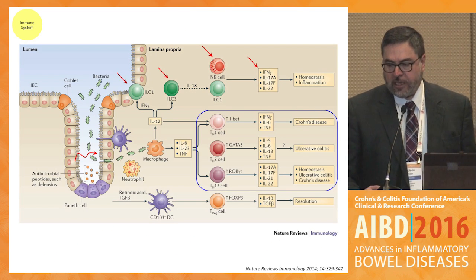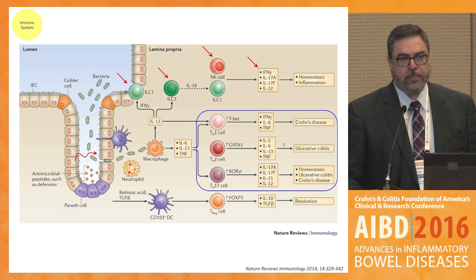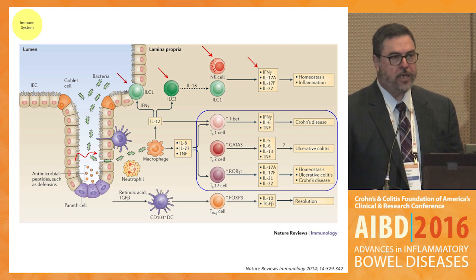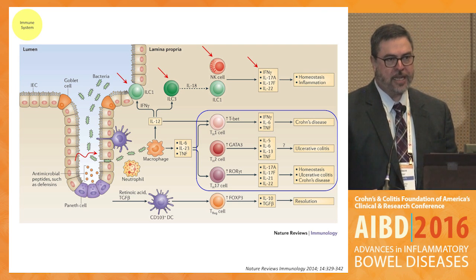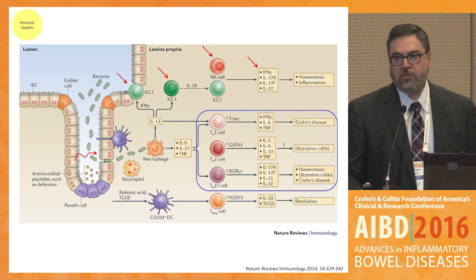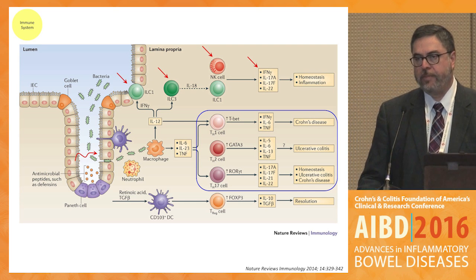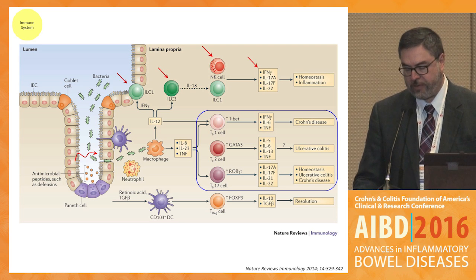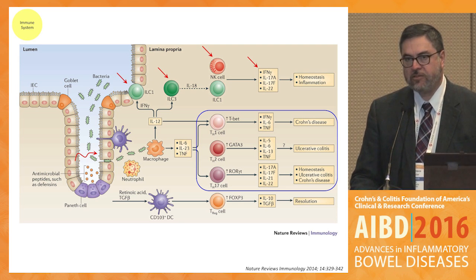So switching gears a little bit, this is the obligatory slide where I show immune cells in the lamina propria. Now, to date, we all think about inflammatory bowel disease as driven by T cells, right?